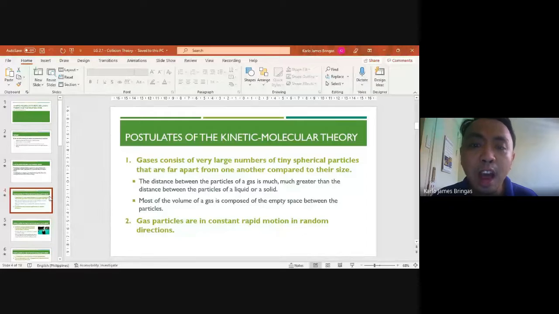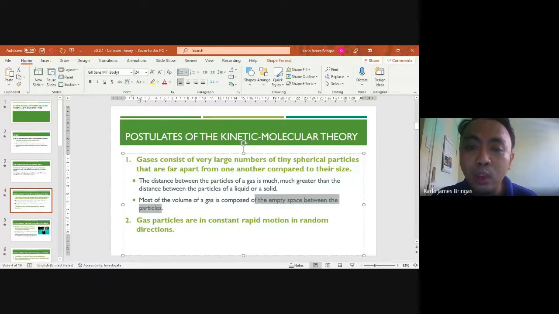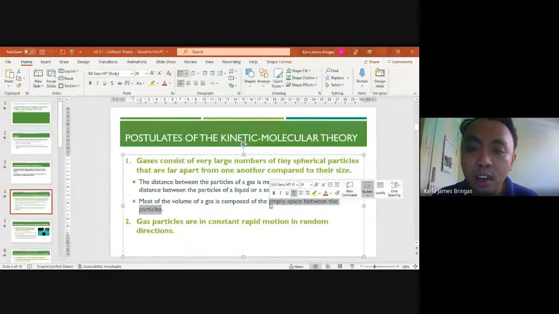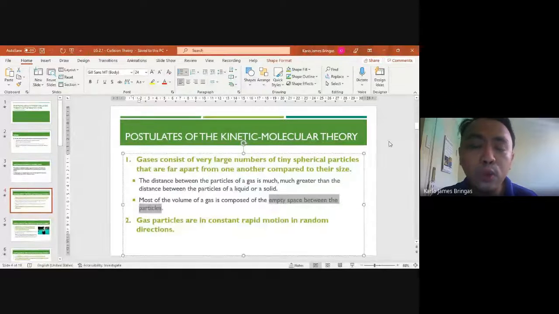So basically, in the gas sample where it is being contained, you don't encounter so very much of it. Most of the volume of a gas sample is just comprised of the empty space between the particles. Really, it's because the particles are so small that they don't compare to the size of the container that they are in.